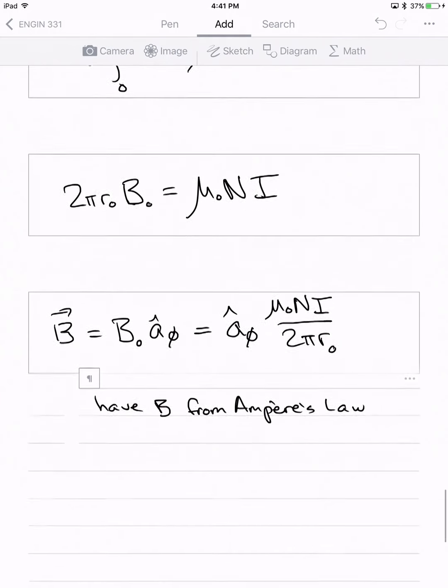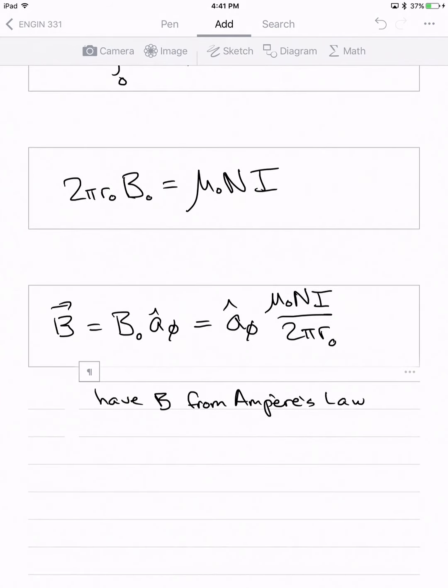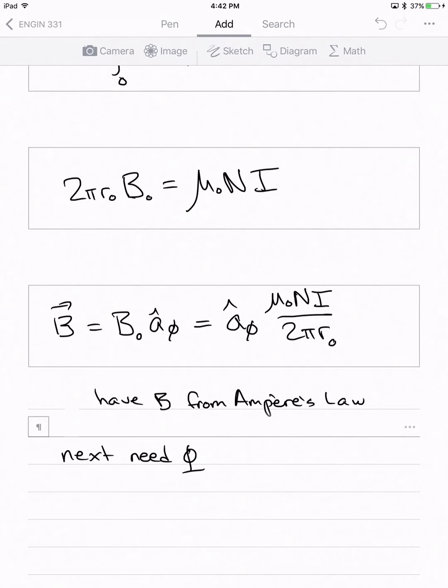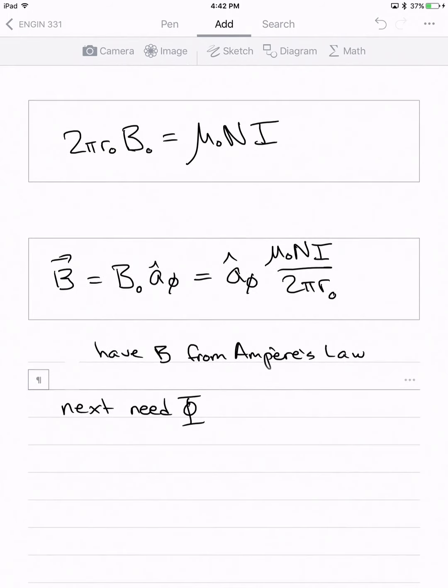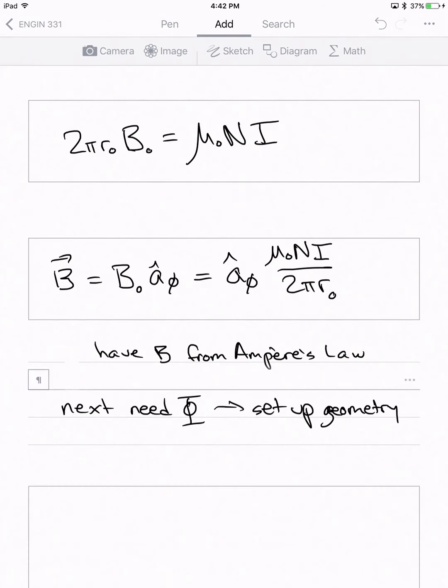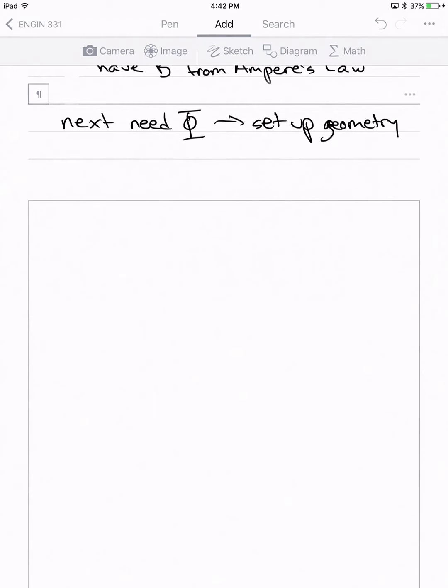The next thing that we're going to need is we're going to need to find the magnetic flux through a cross-sectional area. So let's set up the geometry for that. For this one, imagine the toroid cut in half the short way cross section.